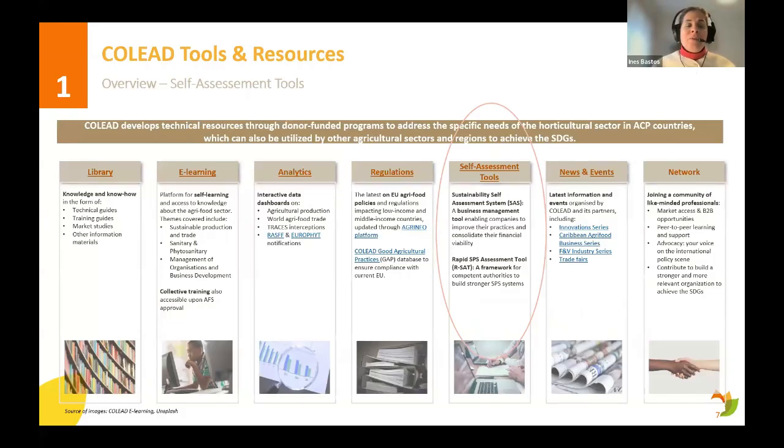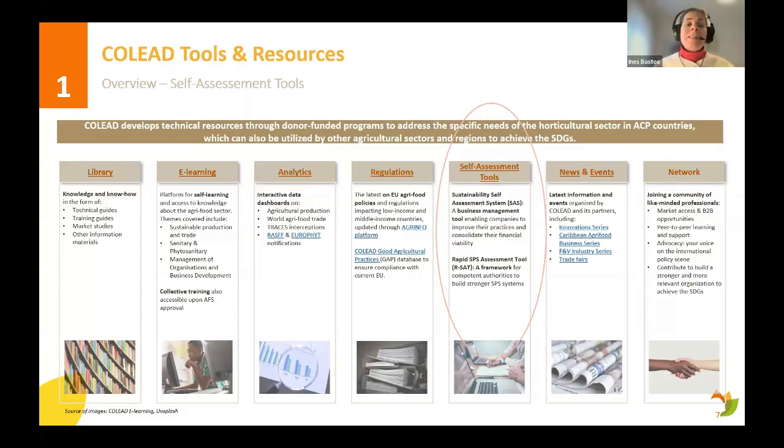In terms of our tools and resources, I think you are also all quite familiarized with what COLID offers. The majority of the resources we have are free access and include a very wide range of documentation, technical guides, and market studies. So our library, we also have a very comprehensive e-learning platform around the key thematics of COLID.